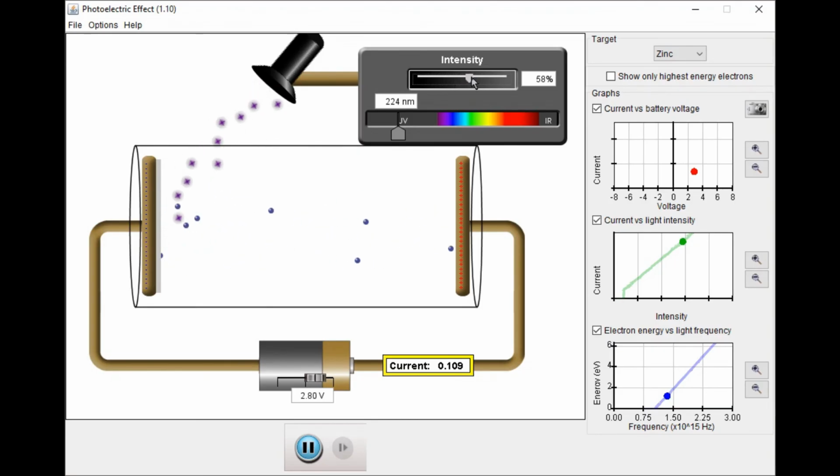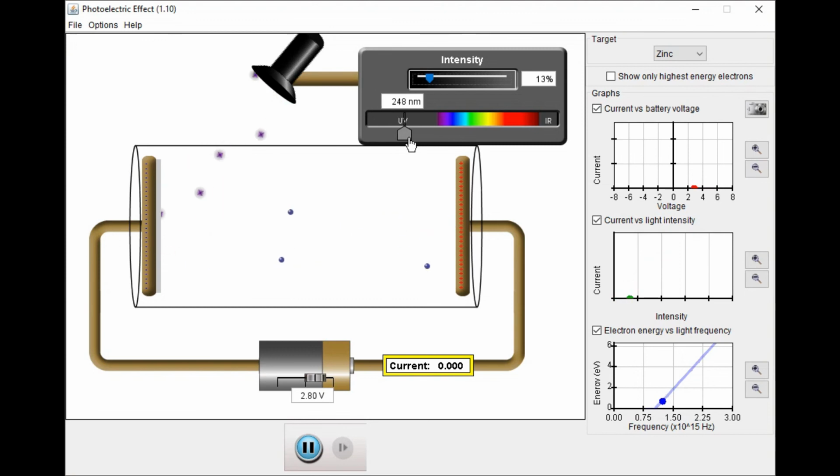So higher intensity means more photons, lower intensity means fewer photons. If I have a higher intensity, more electrons get ejected because there are more photons, but those electrons don't have any more energy than they have at lower intensity, which is a strange thing that occurs.